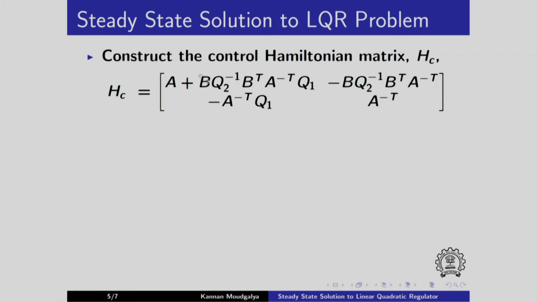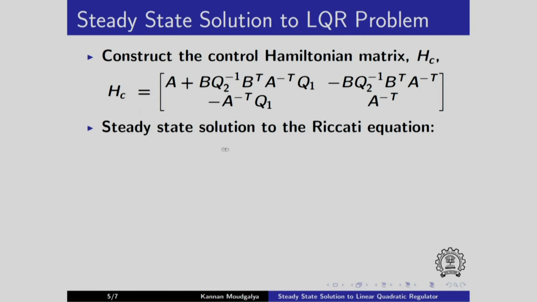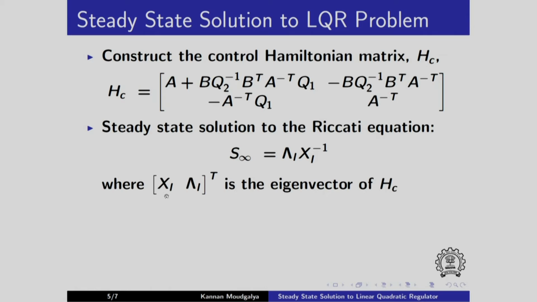We will construct the following control Hamiltonian matrix HC given here. This will help simplify the solution, as we will see shortly. The steady state solution to the Riccati equation is given by the following: lambda I into xi inverse, where xi lambda I transpose is the eigenvector of HC.